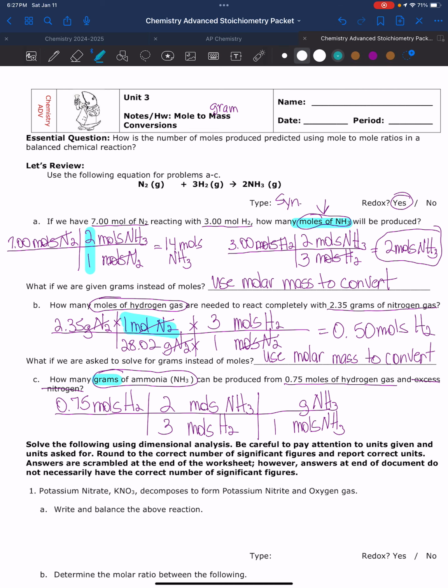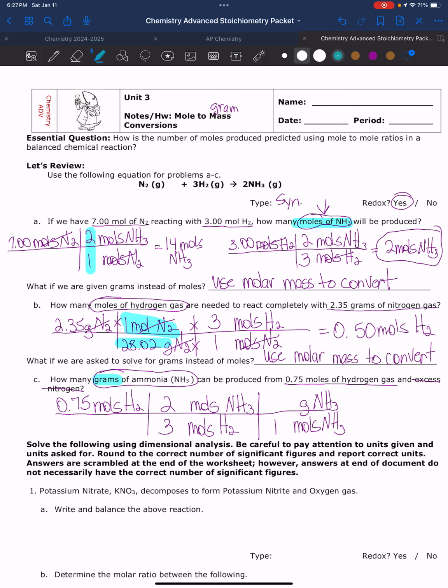I'm so sorry, guys. So let me recalculate that number. I hope that some of you caught that, even though I wasn't there in class. So 28.02 means our answer is 0.25. I guess I should have known I could just cut that in half.